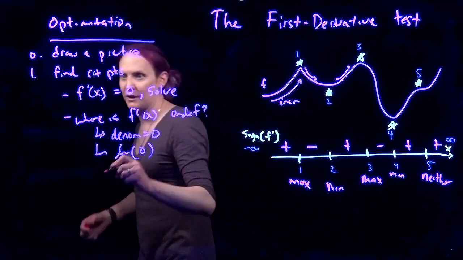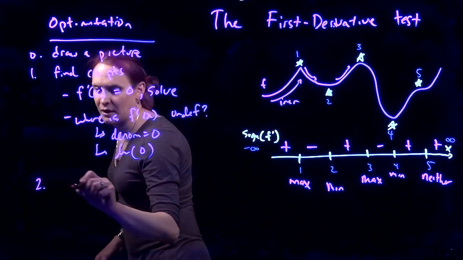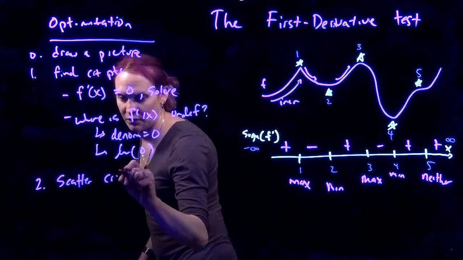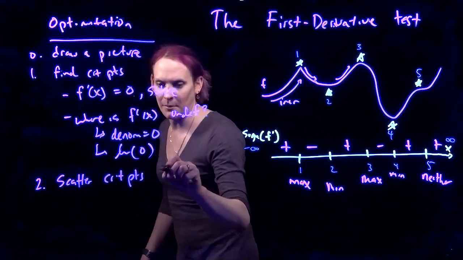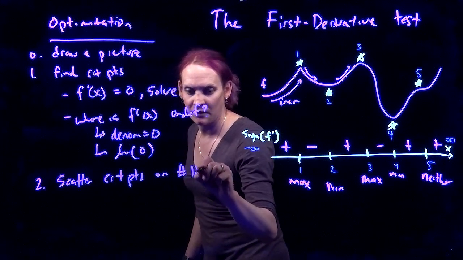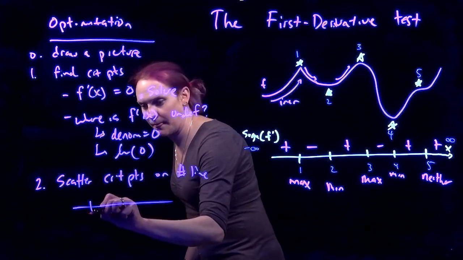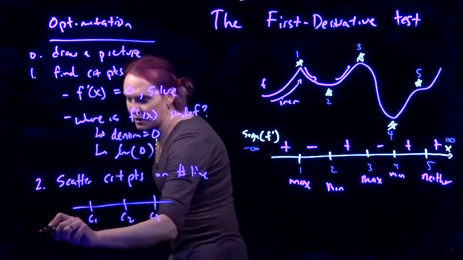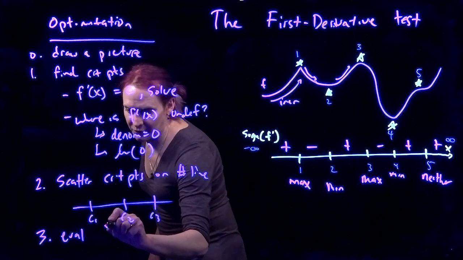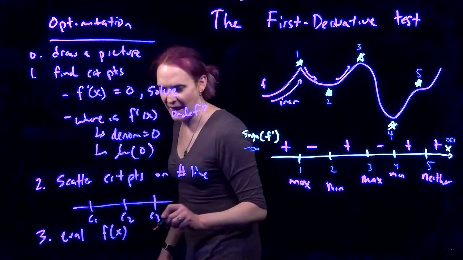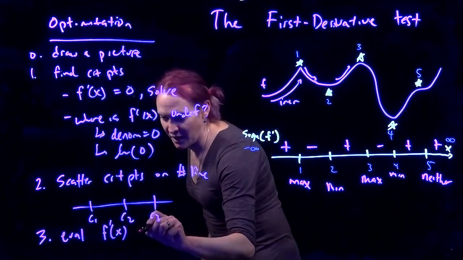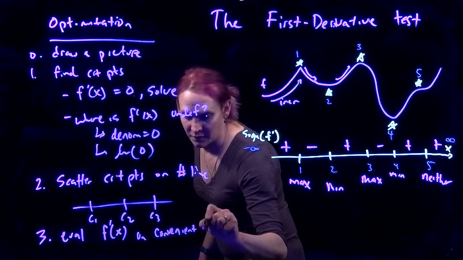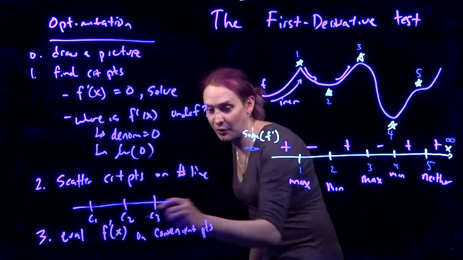And then I think you should scatter crit points on a number line. And then I think you should, 3, evaluate f prime of x on convenient points inside those intervals.